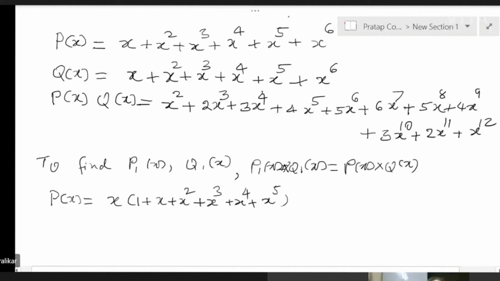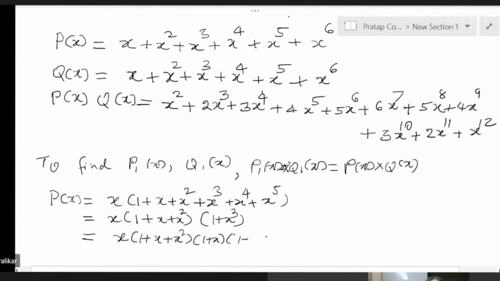Now, the same product in irreducible terms we have to write, because we know how. Now 1 plus x square is common, and into 1 plus x cube, right? Now this is same thing as x into 1 plus x square, then 1 plus x, and 1 minus x square plus x cube. Am I right? Isn't this your formula in school?